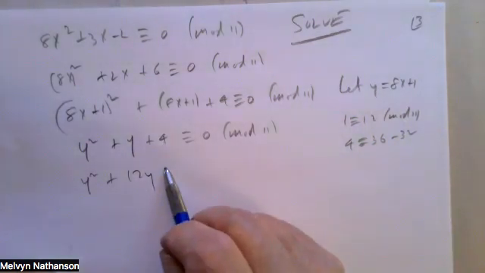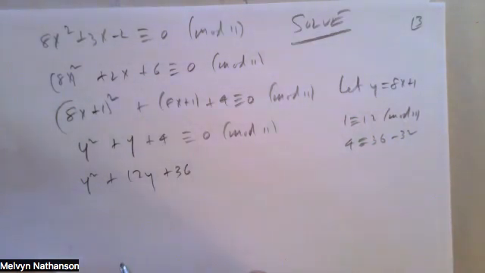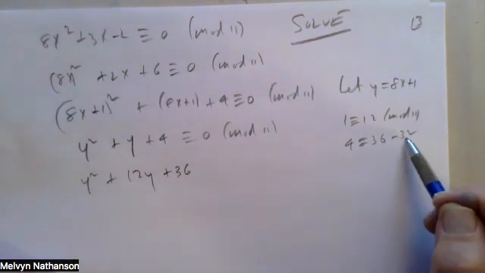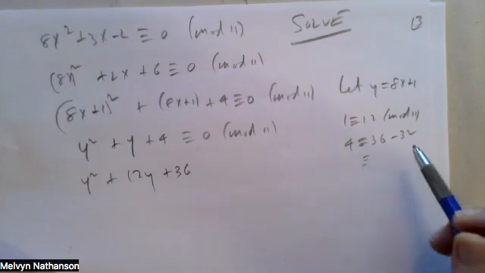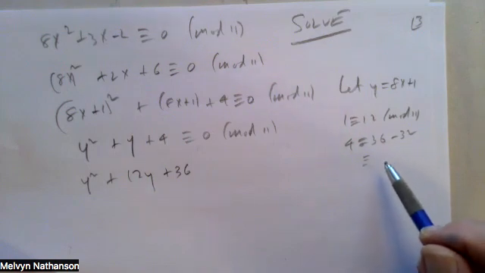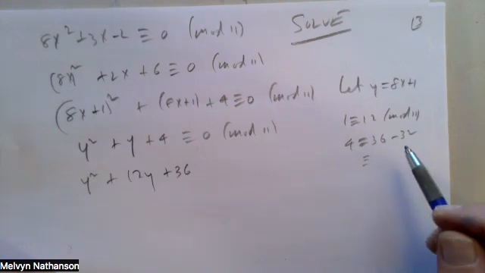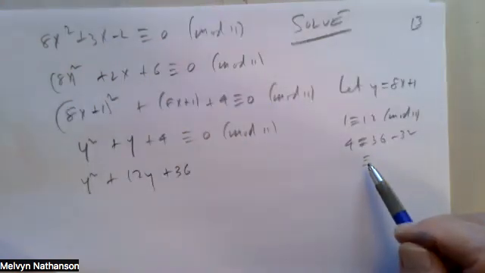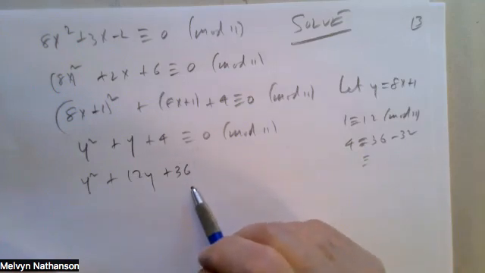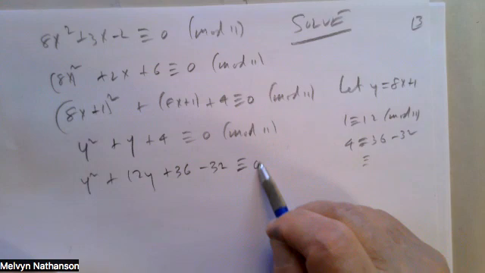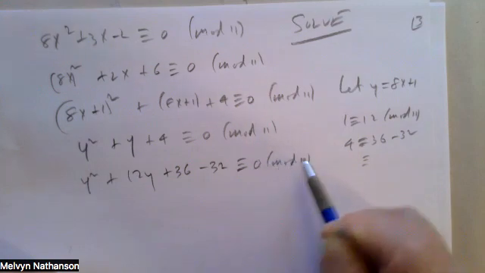So I can write this as plus 36 minus 32, and mod 11, minus 32 congruent to 0 mod 11.